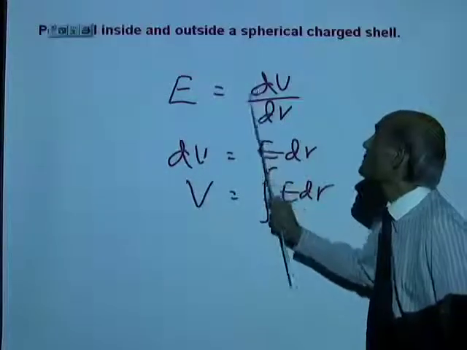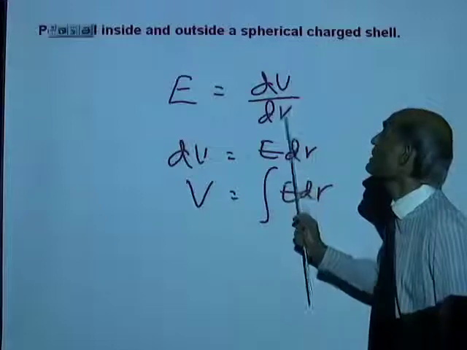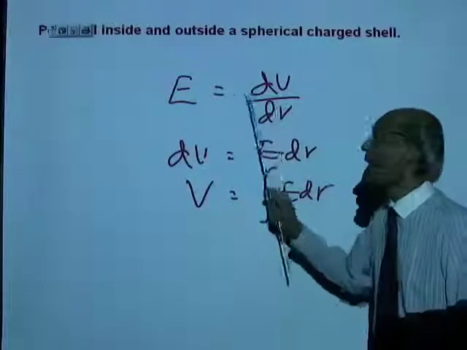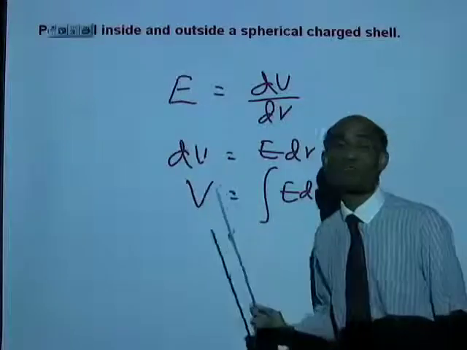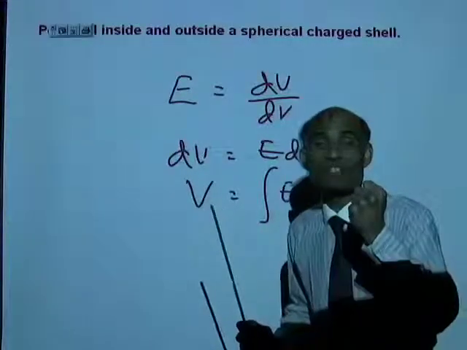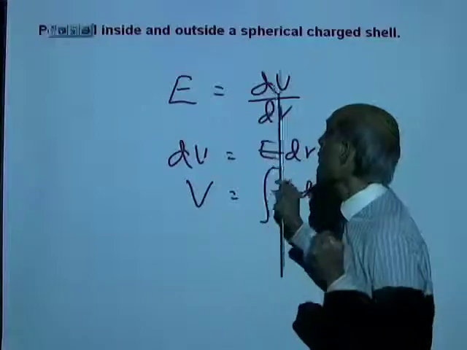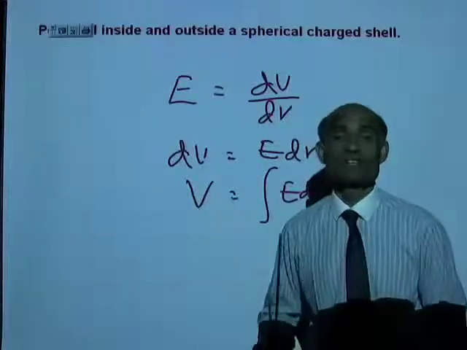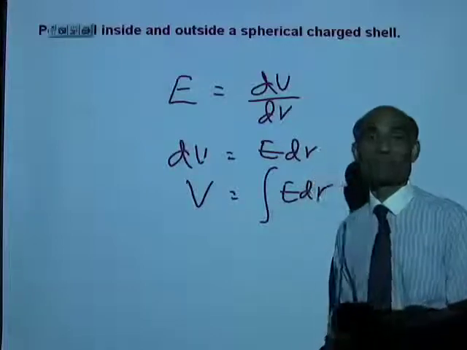E is the derivative of V with respect to r, dV by dr. And E, the electric field inside the charged shell, is 0. Therefore, what can you say about the electric potential inside the charged shell?